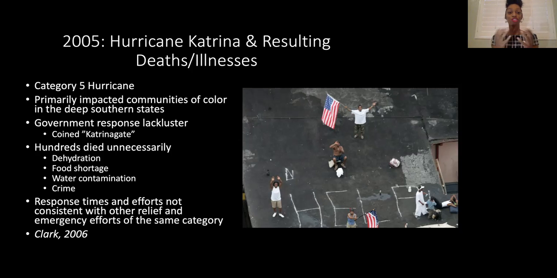the Superdome, which is really a sport facility, and they were there without electricity, without clean water. They experienced massive food shortages and dehydration, water contamination, decaying bodies, which also contaminated the air, and then crime increased.